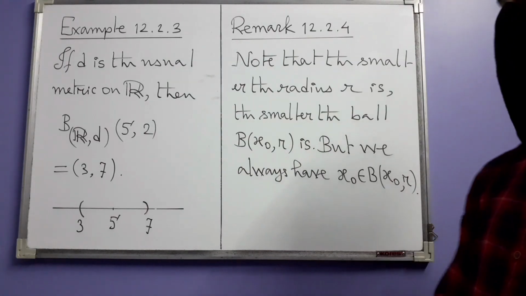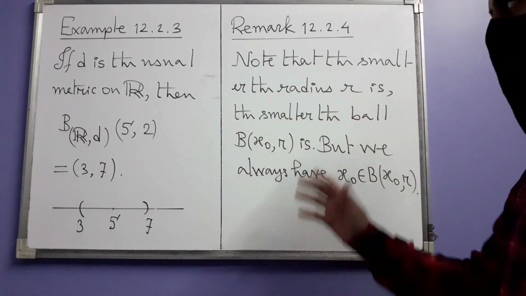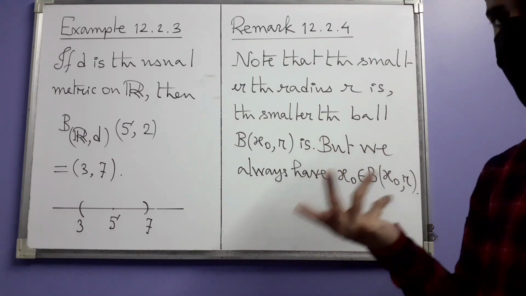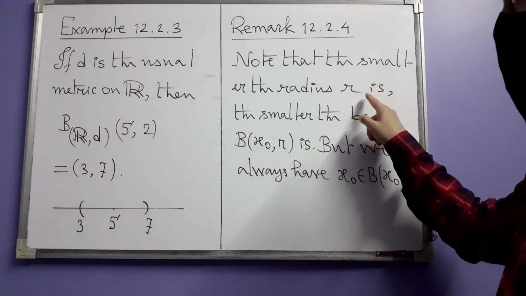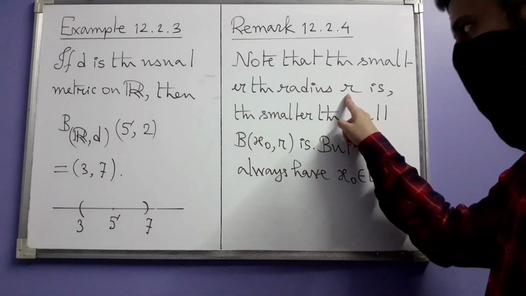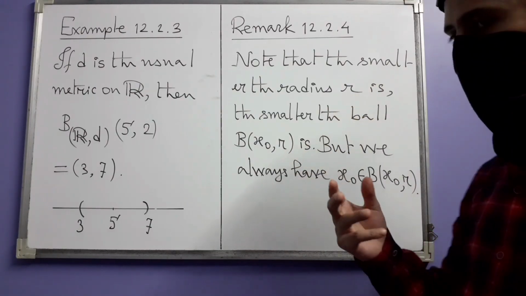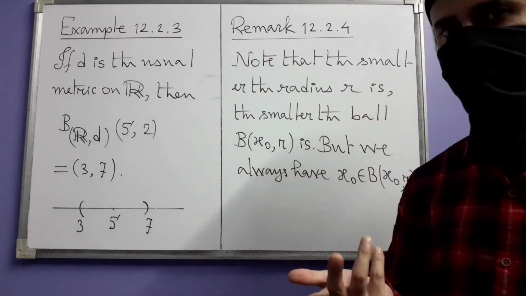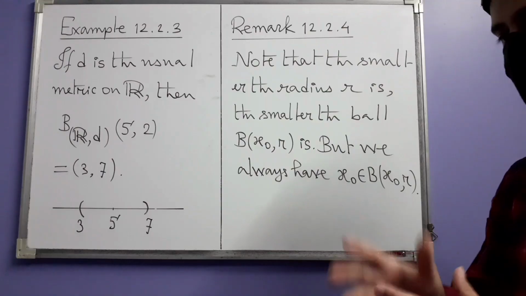And we then have this remark also, which is just a general thing which you can clearly understand. The smaller the radius r is, the smaller this ball is going to be. In some sense, we cannot make it precise.